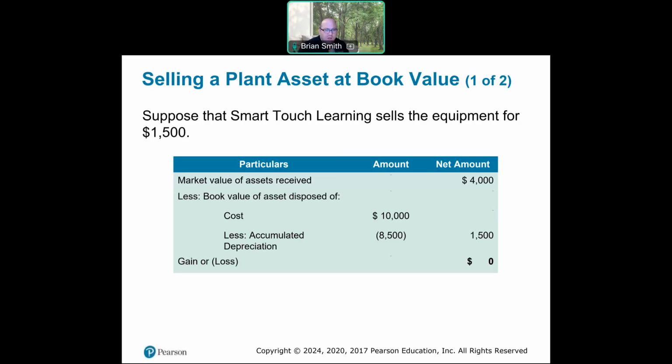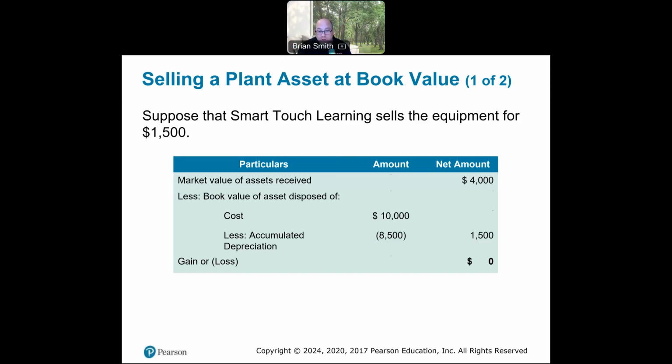We sell the equipment and all we get is $1,500 cash. But cost minus accumulated depreciation, we have $1,500, and then we're going to reduce it by the $1,500 to give us a zero gain or loss.